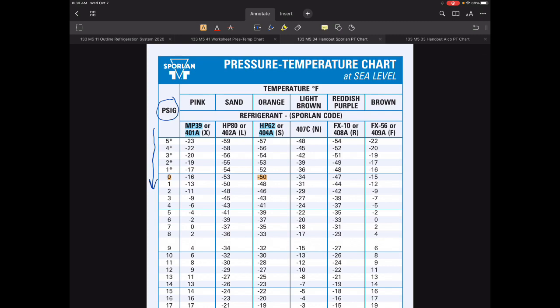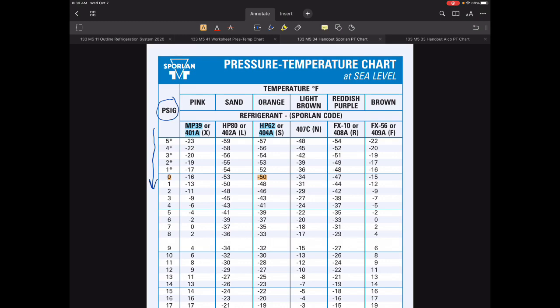So this is one of the things that will happen occasionally, where you'll have a pressure temperature chart that is maybe supplied by a manufacturer, and these particular charts are used for certain applications such as more in the refrigeration industry, where R410A really isn't used. So let's take a look at a different handout.